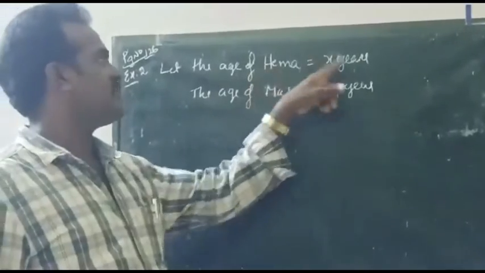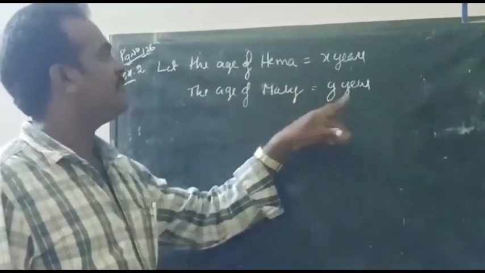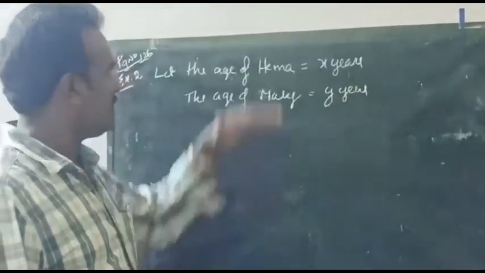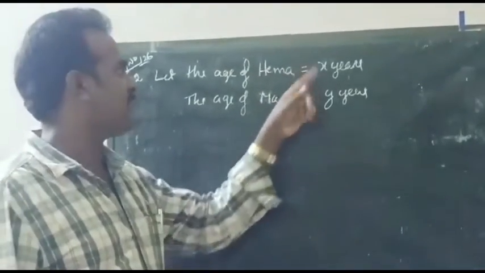The present age of Hema is x and the age of Mary is y years. Here two persons' ages are taken in terms of x and y.